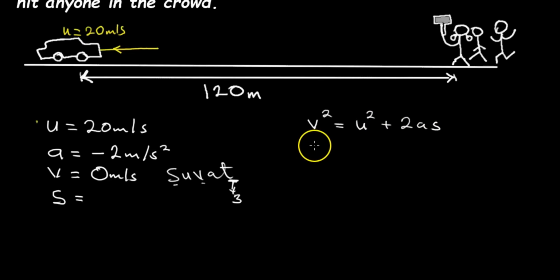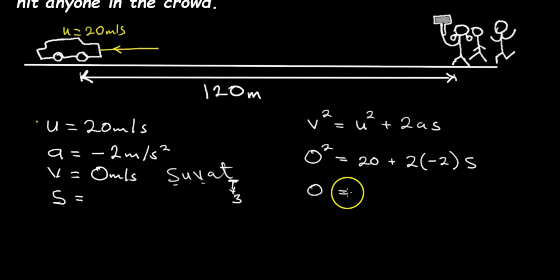So you can decide to make your s the subject, or you can decide to substitute directly. I always prefer to substitute, because if the change of subject doesn't go well, then I am in trouble. So to substitute, I know my v to be 0 squared, and then my u is 20, then plus 2, my acceleration is negative 2, and then s, which I am going to determine.